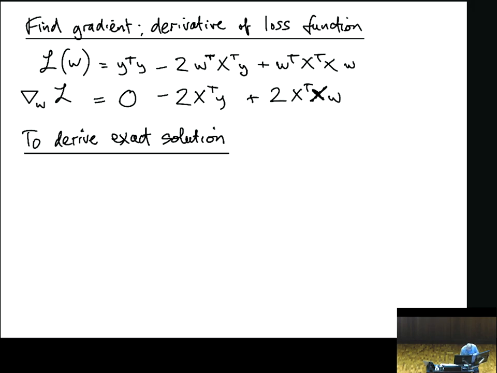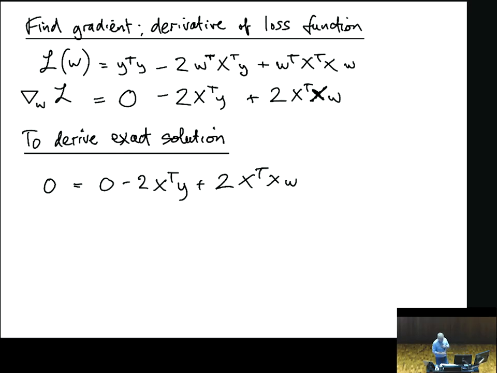It's this thing here, which is in our gradient descent algorithm, or a version of which is. So we set this to 0. I'll just write it exactly like this, but it looks a bit weird. Minus 2x transpose y plus 2x transpose x w.